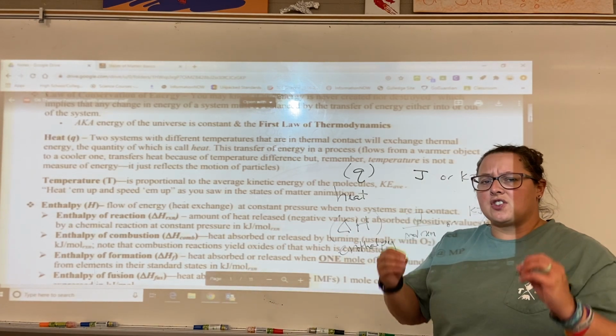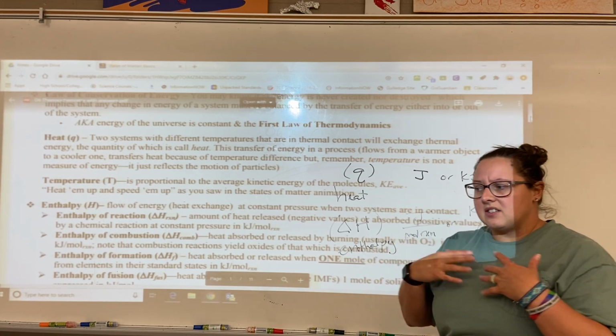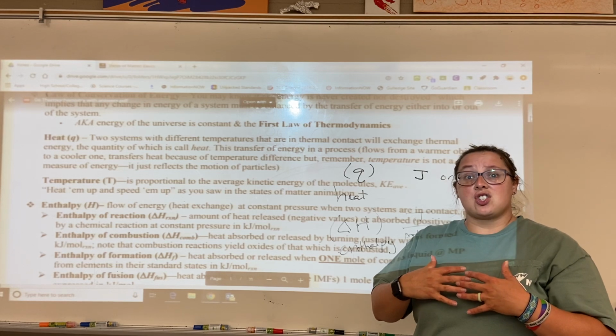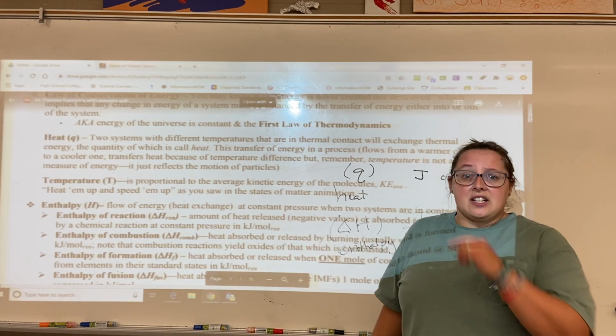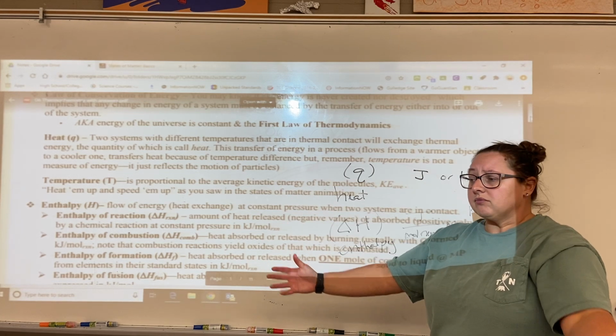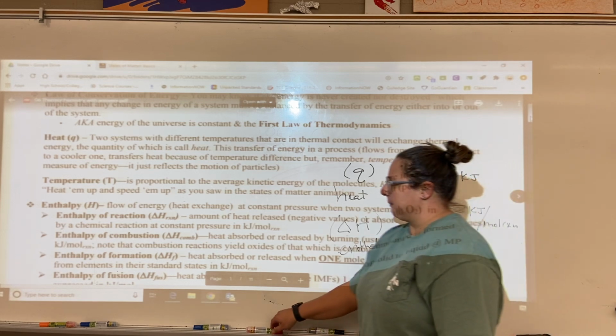Notice how I'm using the term system and surroundings. That's very important. The system is the reaction, whatever is happening. The surroundings is everything else. And so if I am the system and I am releasing energy to the surroundings, a couple of things are happening here.